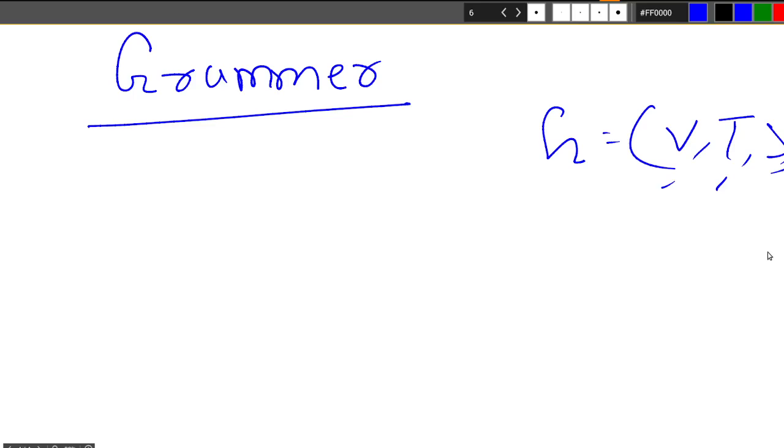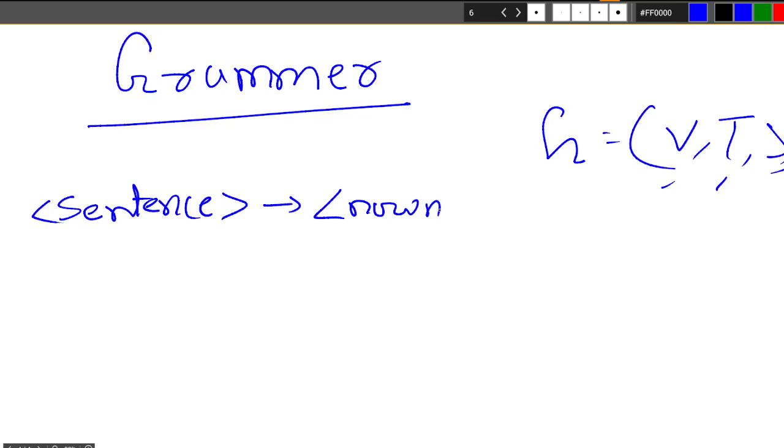Let us take a simple sentence. We can write it like: a sentence will have a noun phrase as well as a verb.